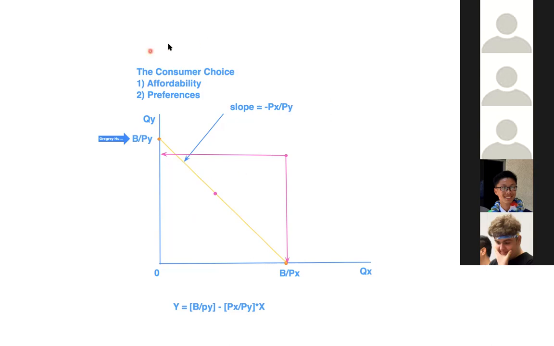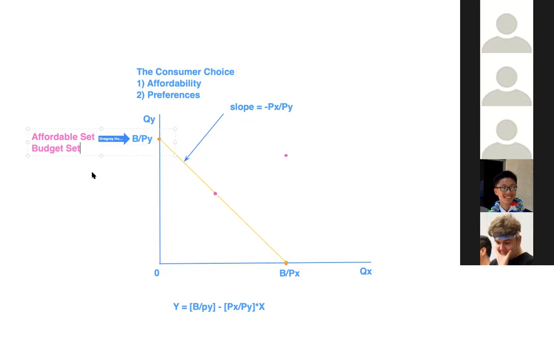Okay, good. So I'm going to go ahead and delete that so as not to mess up our graph too much. The next little bit of language I want to talk about is the affordable set, and this is sometimes also called the budget set of the consumer.